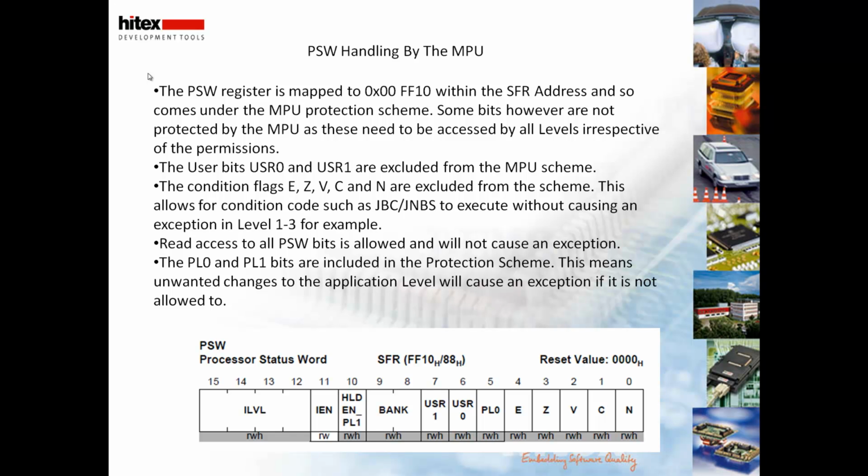So effectively I've gone from 1 back to 0 to level 2. So it may well be that ideally we want to go from level 1 to level 2 without going through level 0. So the issue then arises: how can we change the bits within the program status word without affecting everything else that's going on in the application?